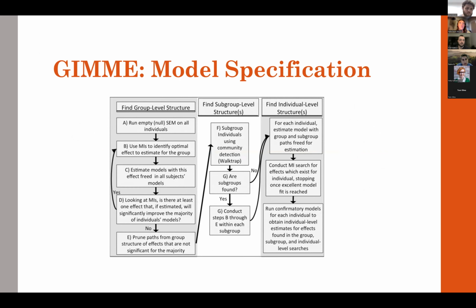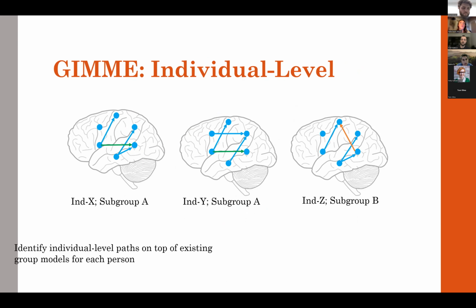And so, for example, we're talking about this autoregressive issue for really short TRs, really short intervals between observations. I'm aware of some people that have run into issues using GIMME with ABCD fMRI data, where the TR is like 0.7 seconds.